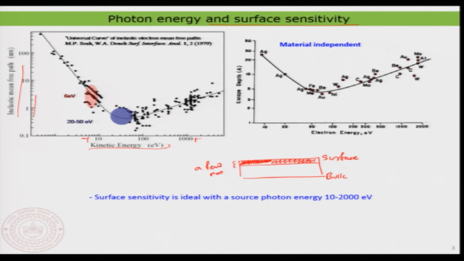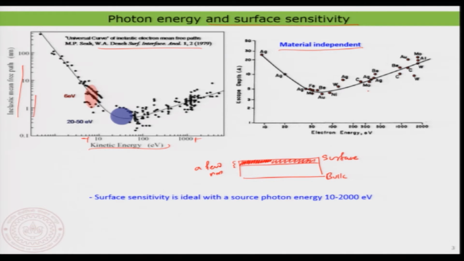That makes the so called photoelectric effect itself very surface sensitive. And that is quite important, because it can therefore be used in really understanding surfaces and interfaces. You also see that this is quite material independent. It has nothing to do with the material. This is data that is collected from many different measurements and collated in this paper, and it shows something like a U-like shape.